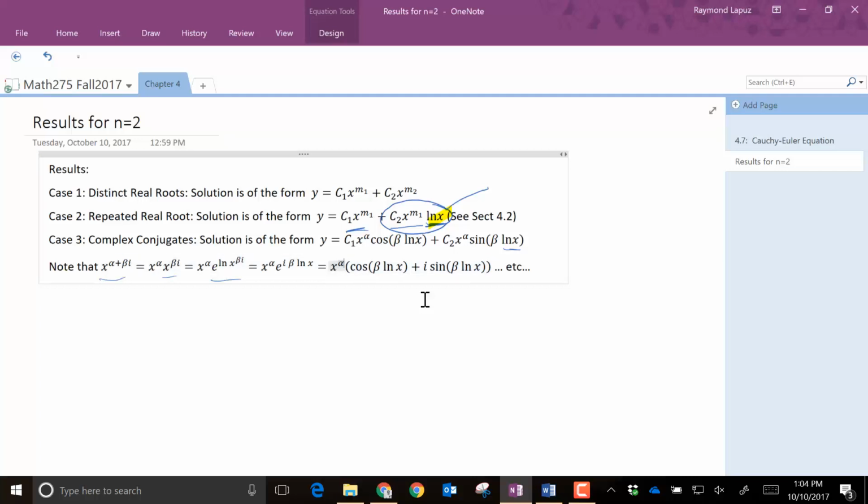All right. So I guess the et cetera means I should finish this. So our solution becomes, these should all be y sub c's. Oh, it's already up here. Never mind. Yeah, so y sub c is going to be c1 x to the alpha cosine beta and all that stuff.